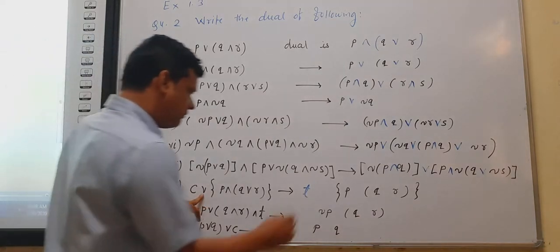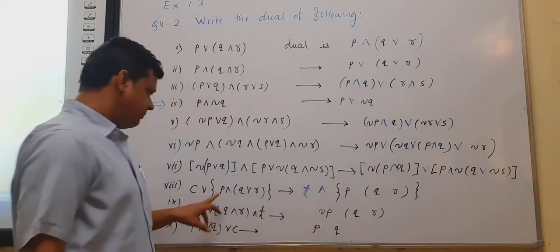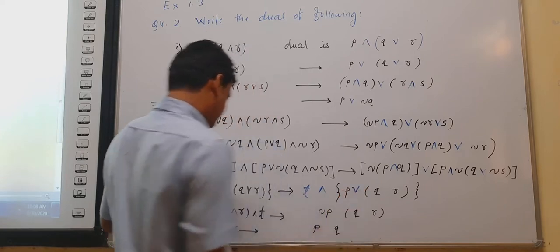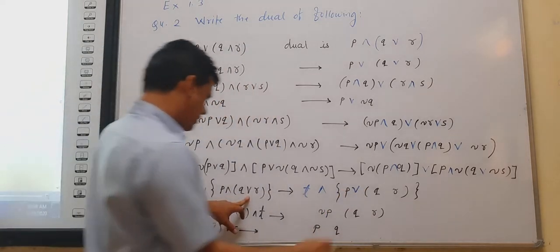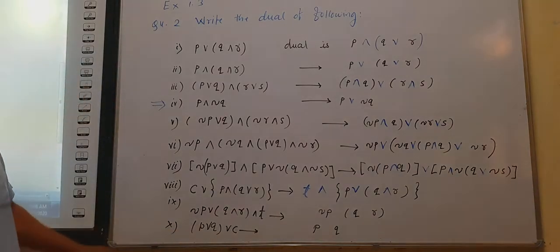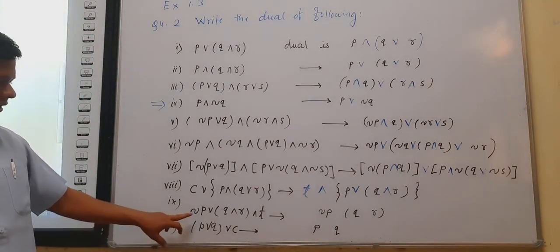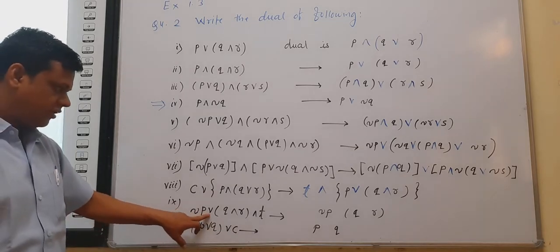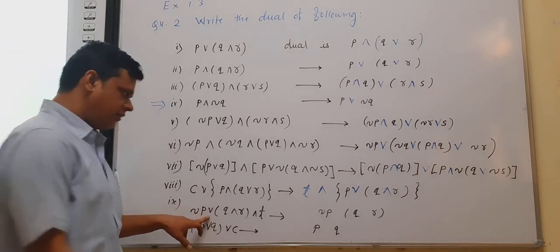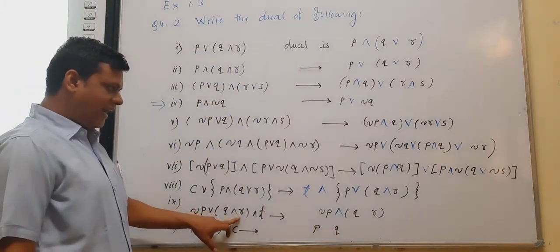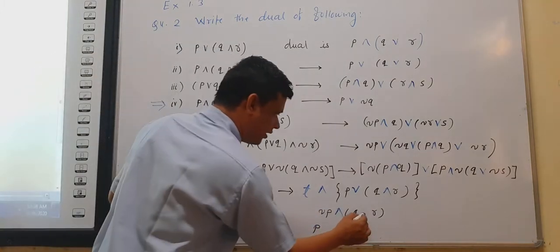This or by and, P and, this and by or, Q or, this or by and again. Now see example number 9. Negation of P or, keep negation of P as it is, this or by and, Q and R, this and by or.